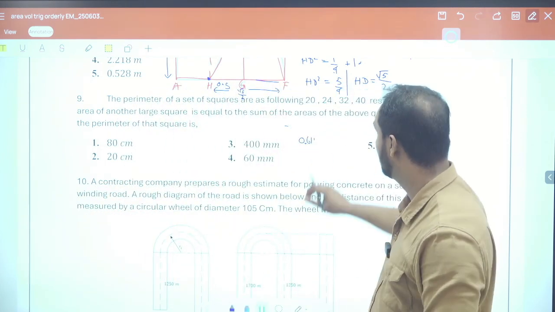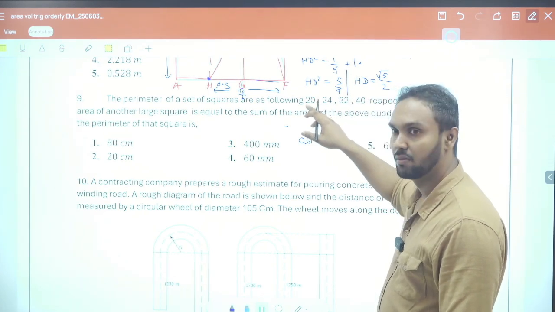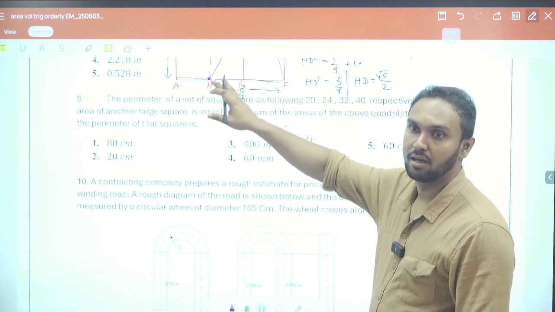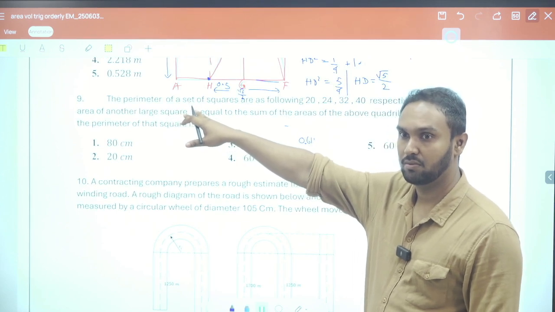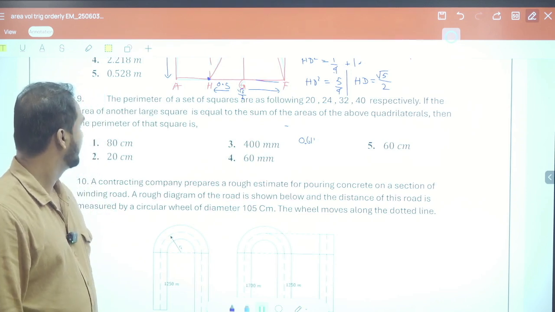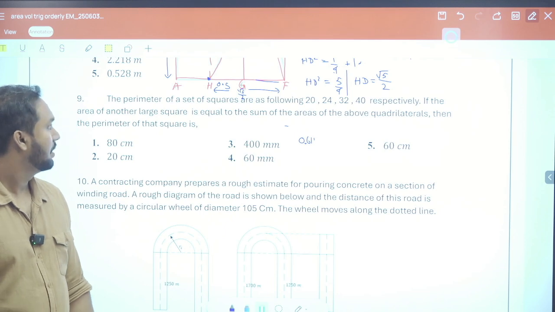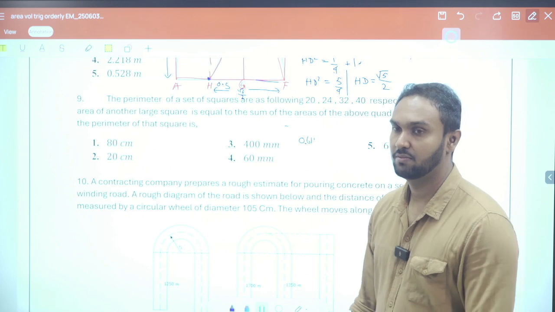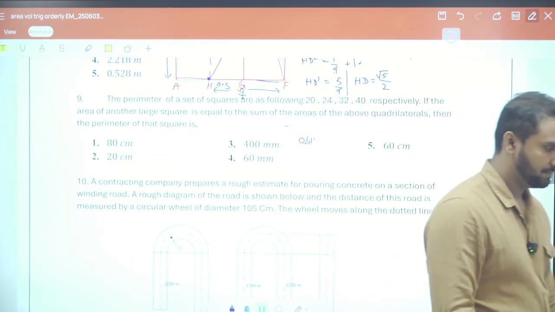Then the area equals the large square. The area is 225, so 15 is the side length. They are asking for the perimeter. So 15 times 4.